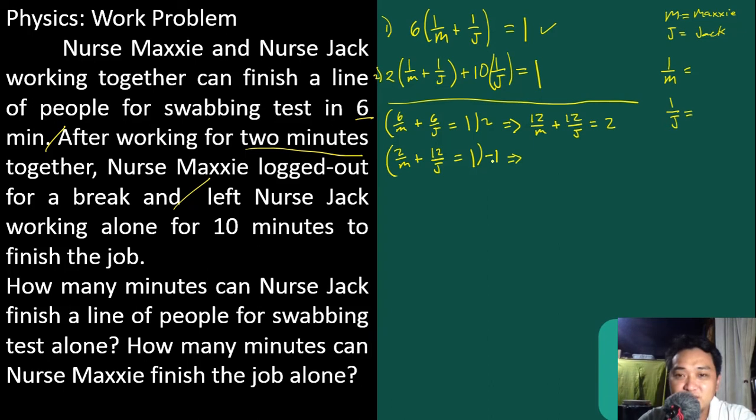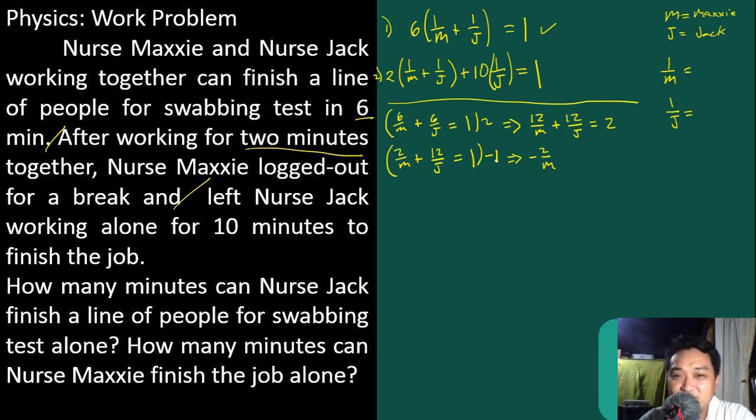So that is negative 1 times 2 over M. That is equivalent to negative 2 over M. Yan yung sinasabi ko sa inyo kanina. Imbis na dito tayo mag-multiply ng negative kasi magiging negative yan later on, para maiwasan natin na yung malaking number ang magiging negative, sa baba tayo mag-multiply ng negative 1 para yung maliit na number yung maging negative. Para hindi tayo mahirapang mag-subtract.